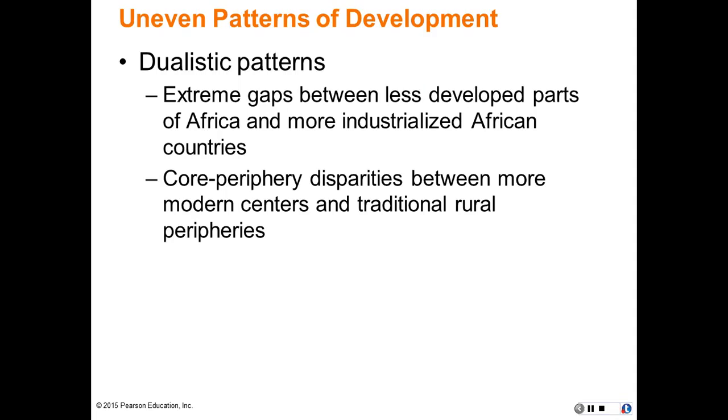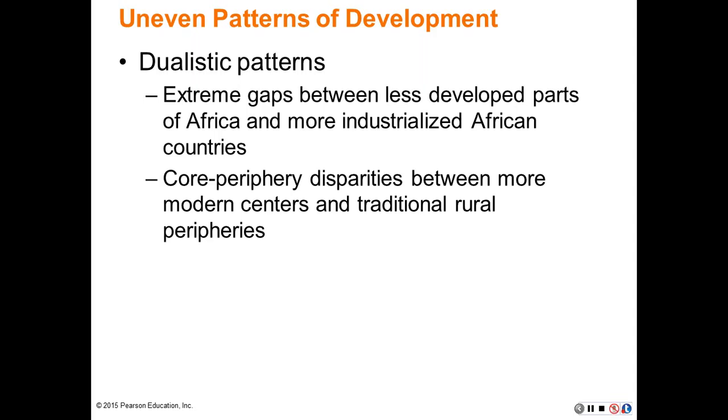There also exists a core peripheral disparity between the modern centers of industry and trade, the primate cities of each region, and the traditional rural peripheries that supply raw goods and raw materials for the industrial regions.